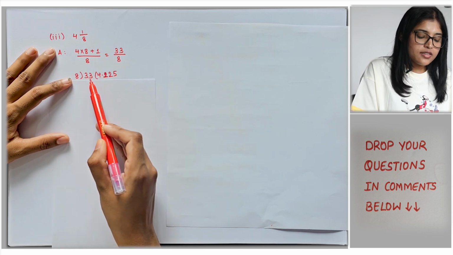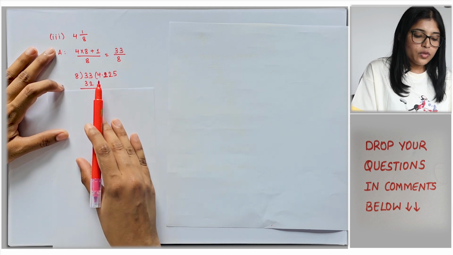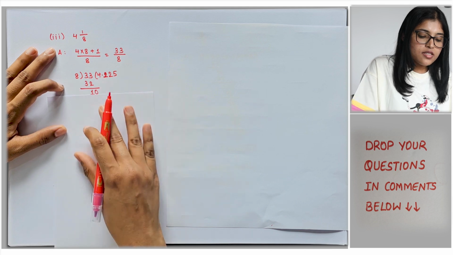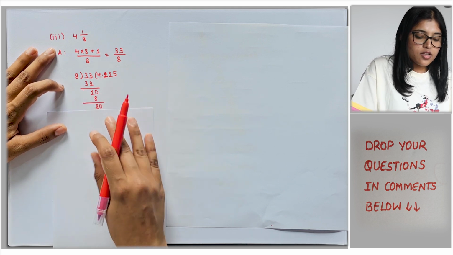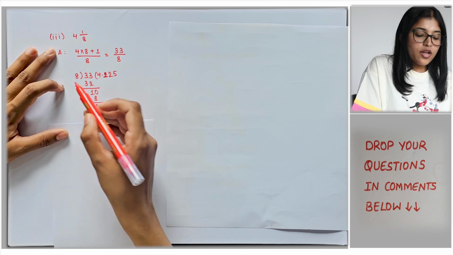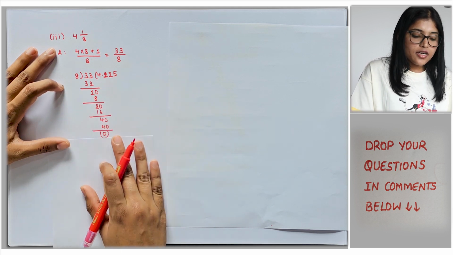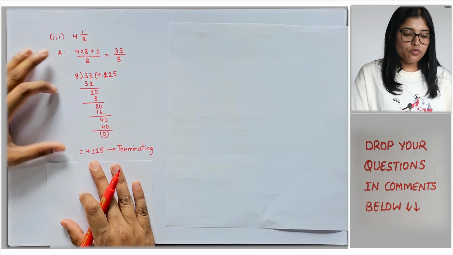So I start with 33 and 8. 8 4s are 32, and I am left with 1. So I take a decimal point here, and 8 1s are 8, and I am left with 20, and 8 2s are 16, I am left with 4, and 8 5s are 40, and I am left with 0. So this is a terminating decimal, and the answer is 4.125.